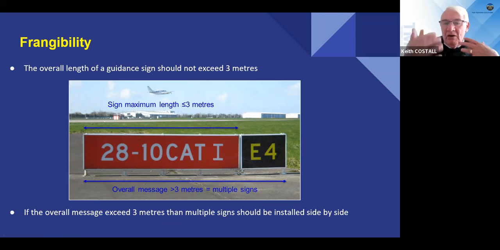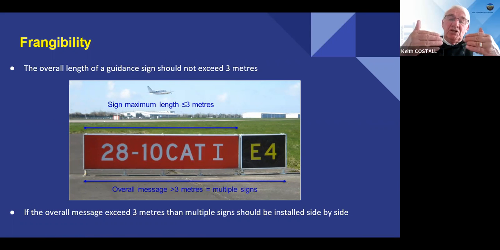So these criteria have all been discussed, all been trialed, but at this moment in time, the guidance is that the maximum size shall not exceed 3 meters in length. Hence, if you've got something at 3 meters in length of a particular size like that, then clearly that's going to be potentially subject to wind shear and jet blast.